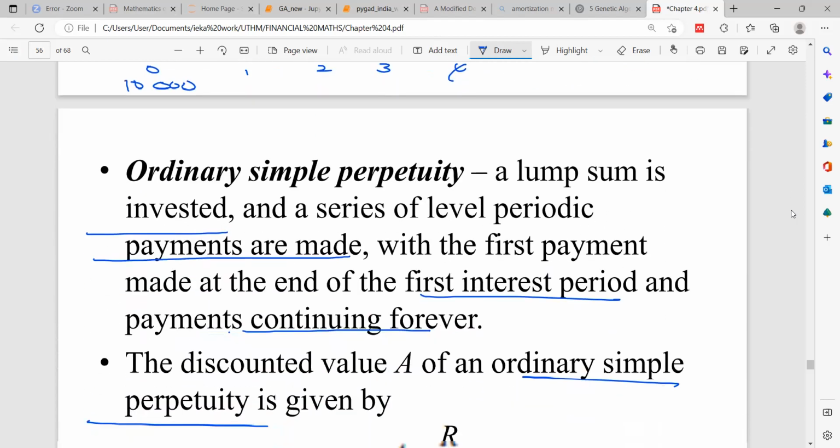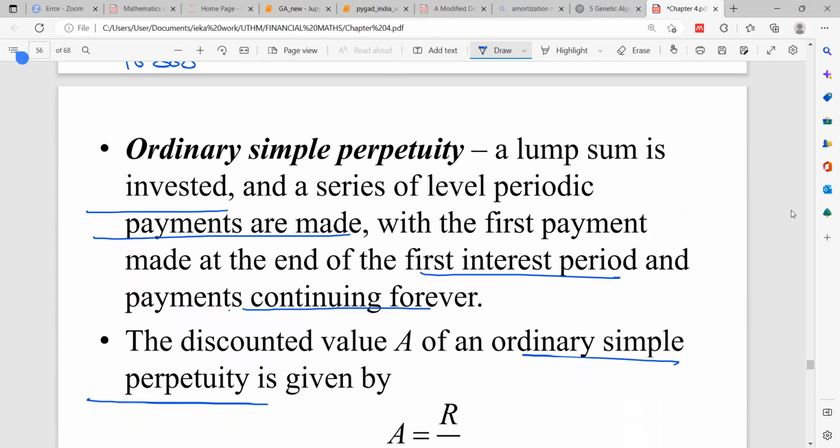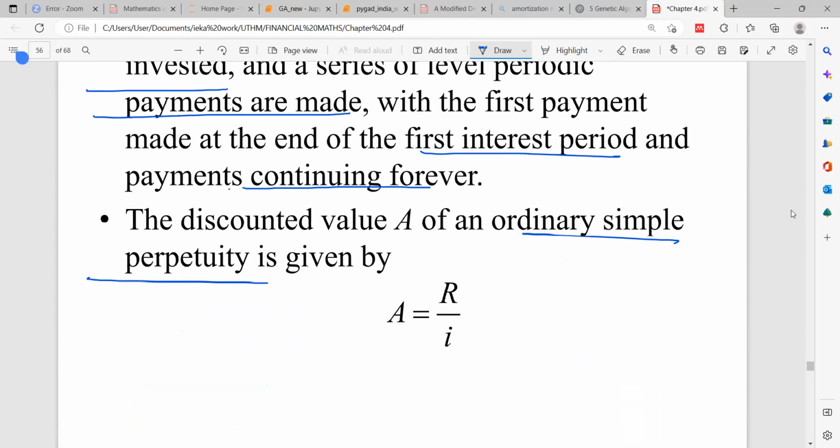So ordinary simple perpetuity is a lump sum is invested and a series of level periodic payments are made with the first payment made at the end of the first interest period and payments continuing forever. So kita boleh cari discounted value. Okay, so A is equal to R over i.